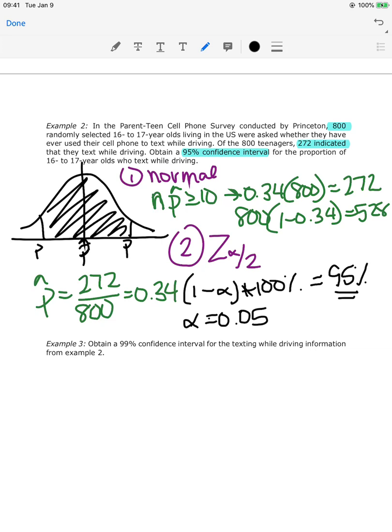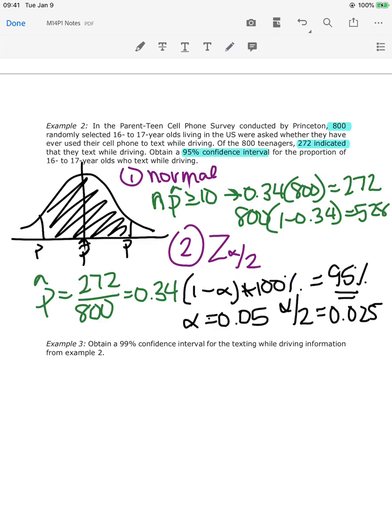Okay, and then we're going to find the z-score that corresponds to an alpha over 2. So I need to find alpha over 2, which is 0.025. So now I have an area. I need to go and find a z-score.